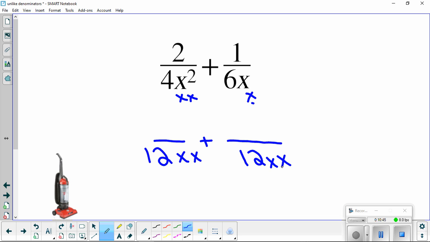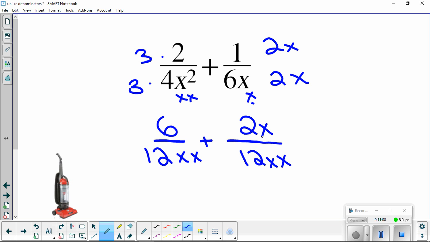I like doing it like this because it helps me remember what to give these guys. So this guy is just missing the times by 3. So times by 3, times by 3. So I'm going to get 6. Are we good? This guy is missing a 2 and an x. He's missing 2 things. So I've got to give him a 2x and a 2x.